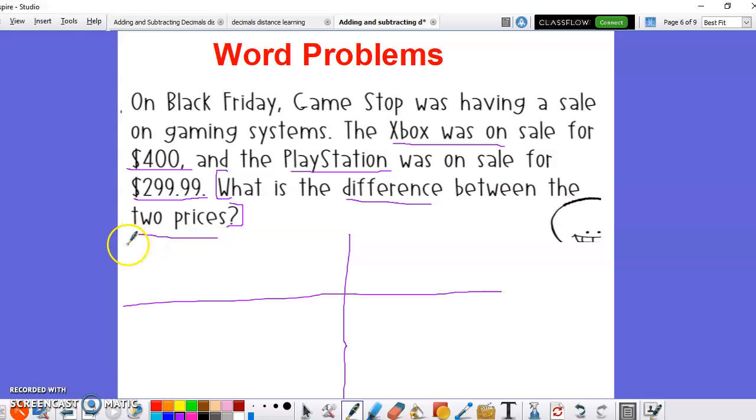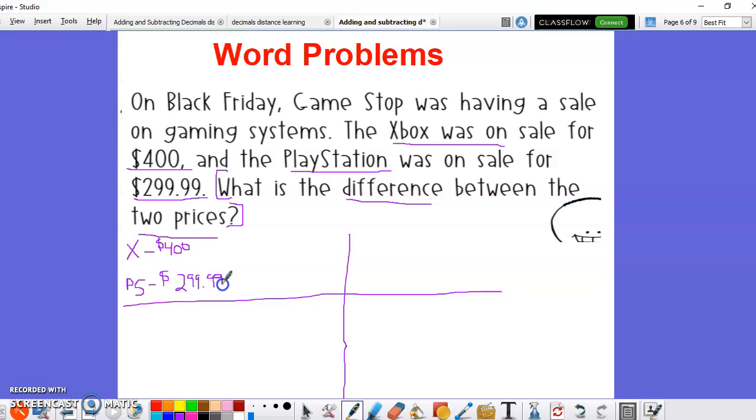So in my data, I'm going to put an X here so that I know that this is for the Xbox, which is $400. Put my dollar sign here, $400. And my PlayStation, I'm just going to put PS. I've labeled it so I know the difference between the two. $299.99.